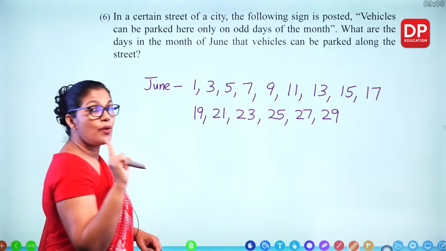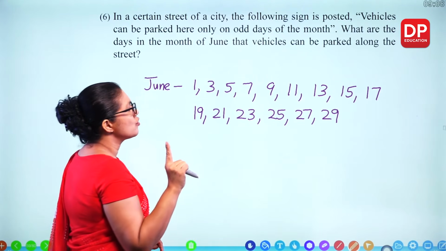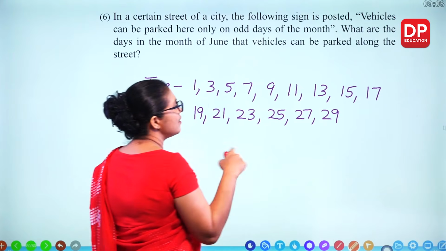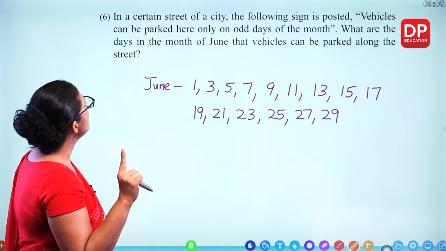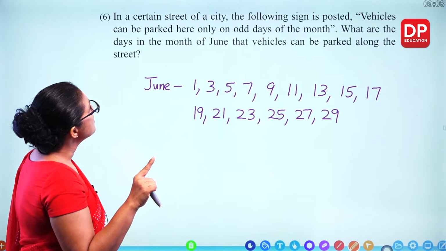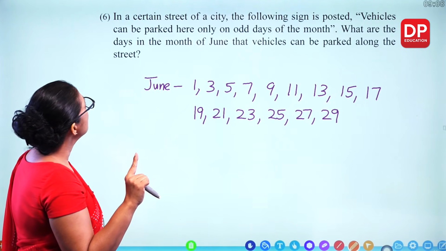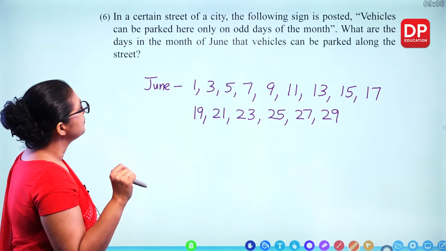June is only 30 days. So up to 29th. You can't take 31. So these are the days that you can park the vehicles.